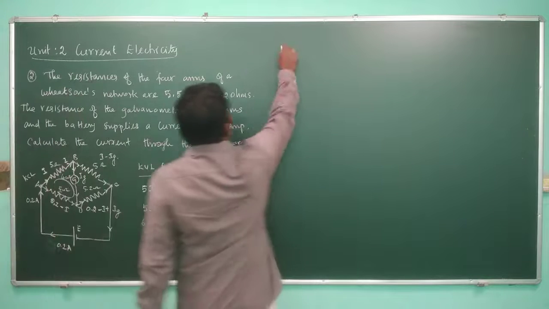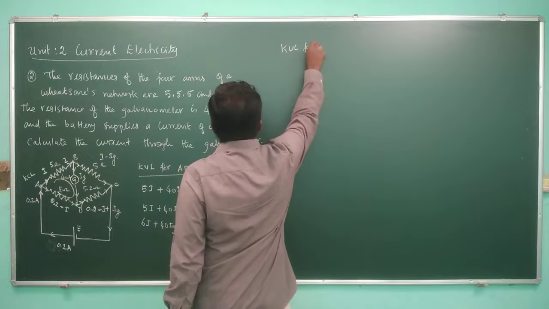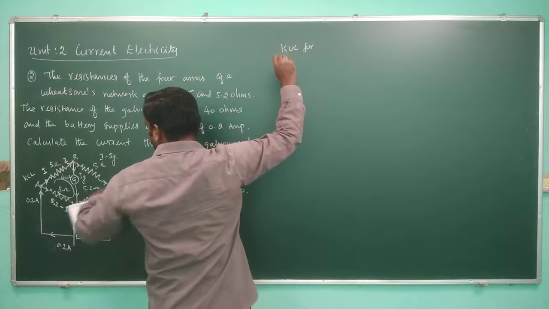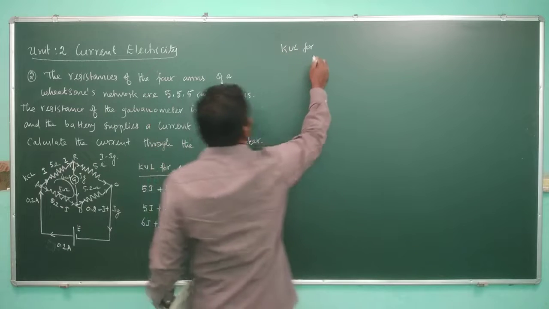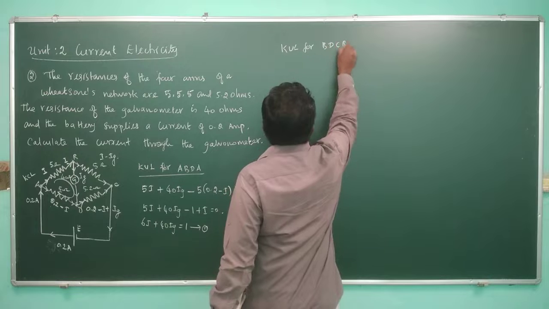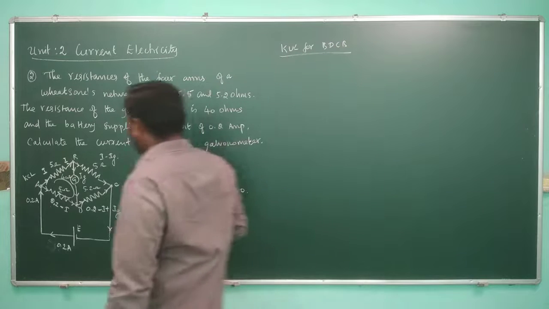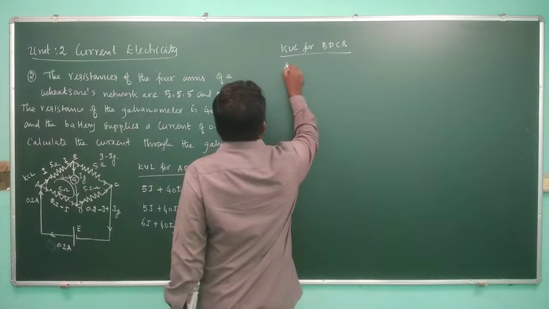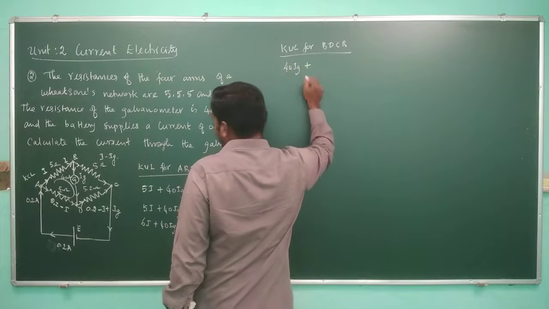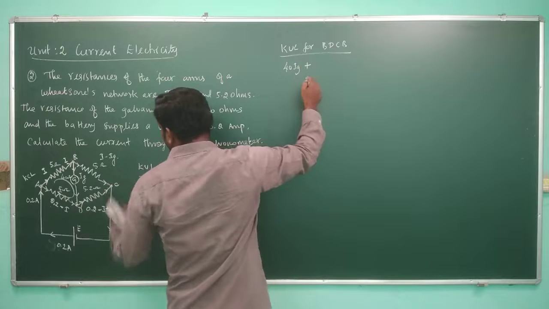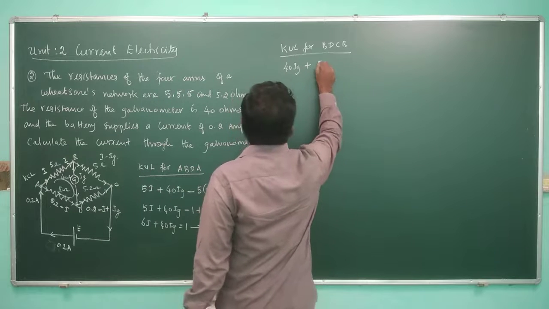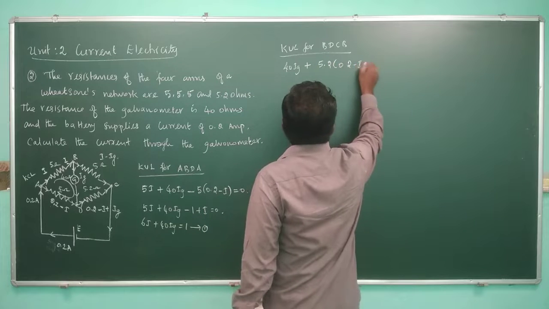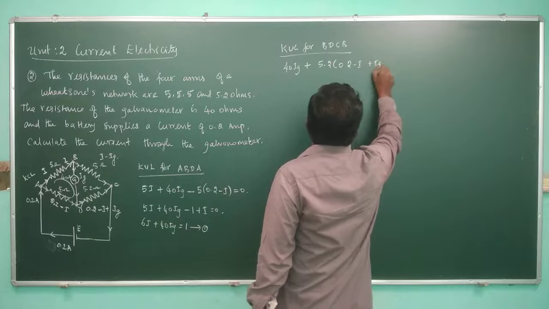And then we can apply Kirchhoff's voltage law for the loop B, D, C, B. So voltage between B and D is 40 Ig plus voltage between D and C is nothing but 5.2 times 0.2 minus I plus Ig.